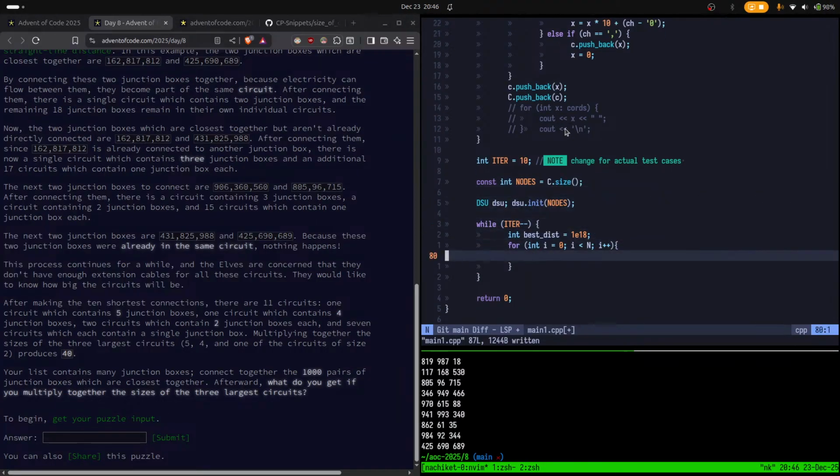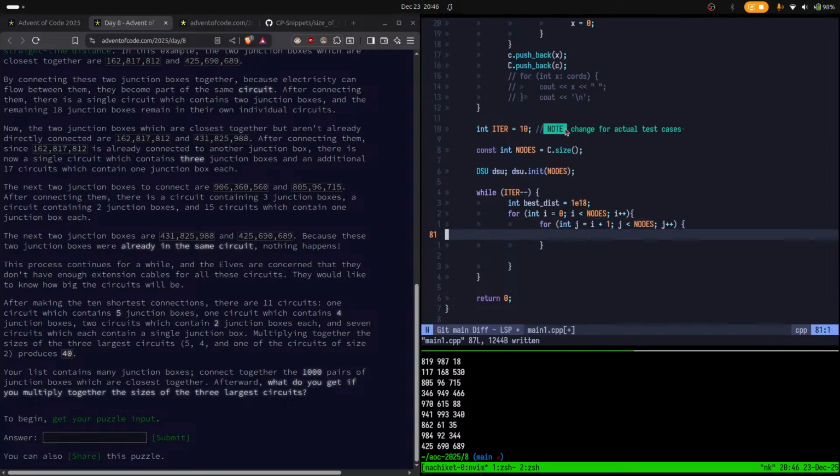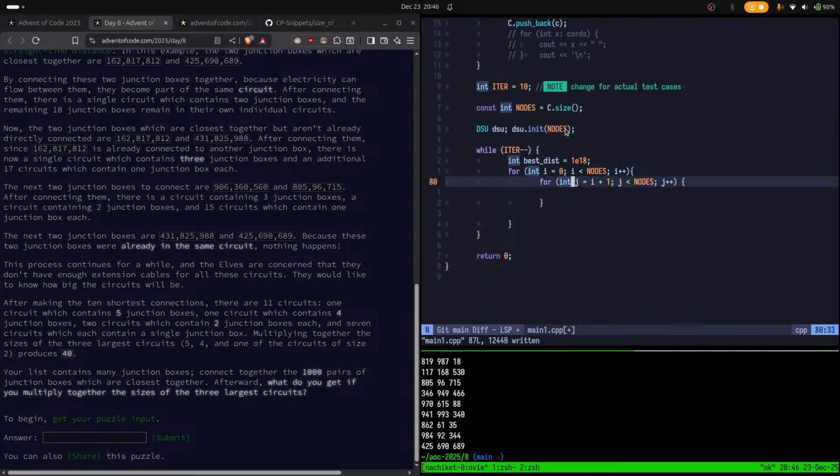And I need to consider only unordered pairs, so looking at i plus 1. What else? Let's find out the distance. Write a function.